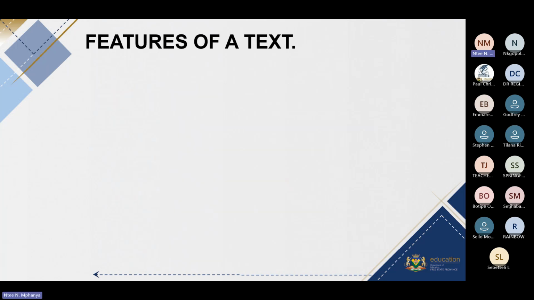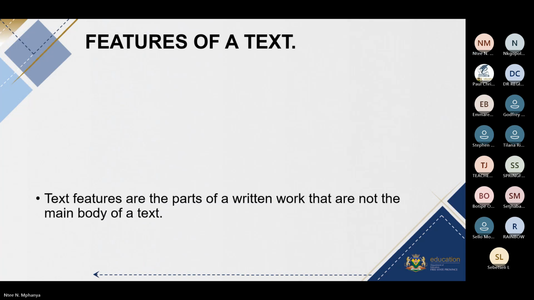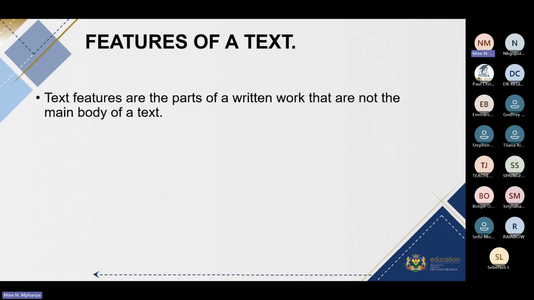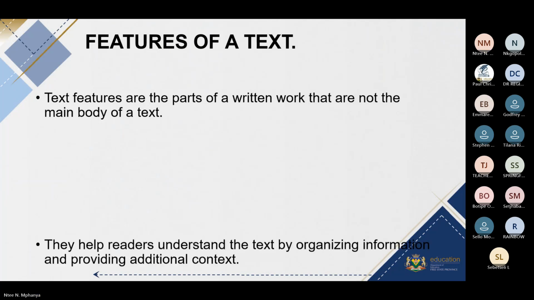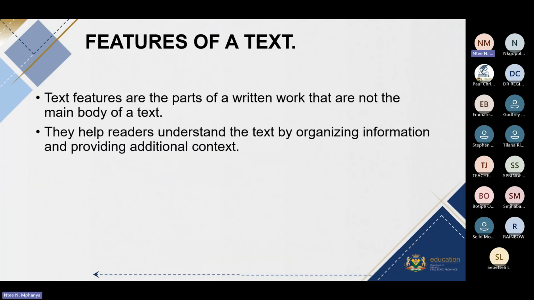Then we go to the next section of this lesson, and it is on features of a text. Text features are the parts of a written work that are not the main body of a text. Why are they there?